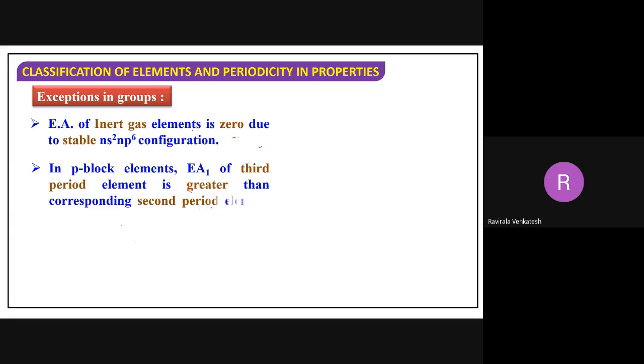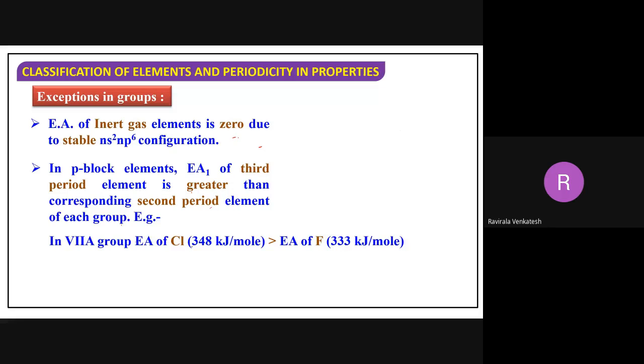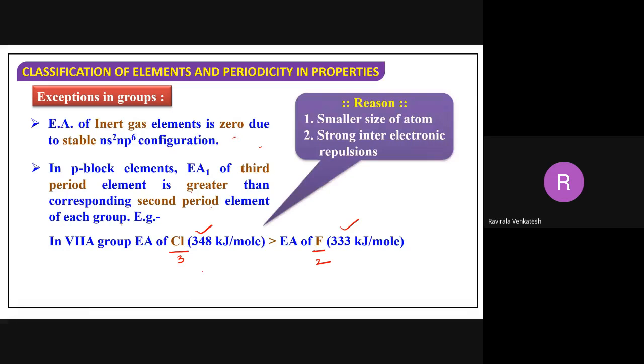Now in p-block elements, the first electron affinity of third period elements is greater than the corresponding second period element. Just now I told you this. Chlorine is in which period? Third period. Fluorine, second period. You observe the value is 348 for chlorine, and 333 for fluorine. What is the reason?